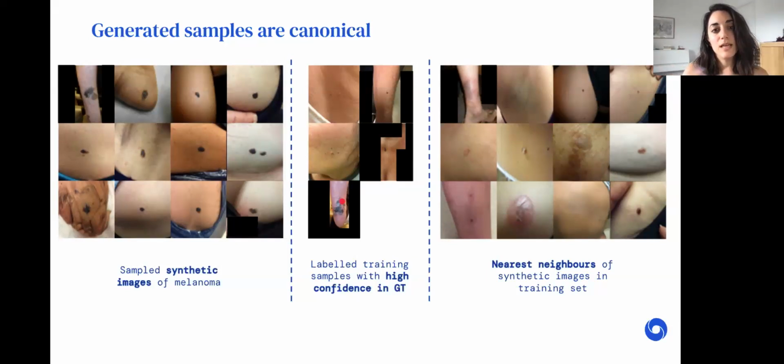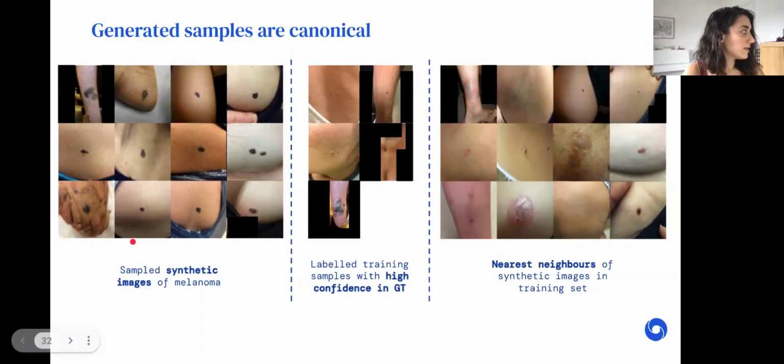And let's say if there was consensus that the top condition was melanoma, for example, across 3 raters, then that would lead to high confidence in melanoma diagnosis. But if one thought that it was a different condition, then that would reduce the confidence level of the aggregated diagnosis. So on the left-hand side, we show synthetic images of the melanoma.